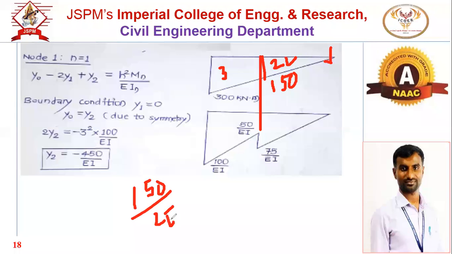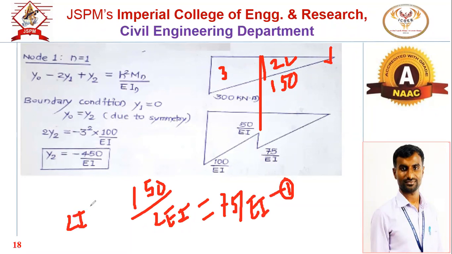Twice of EI. That will be 150 divided by twice of EI, which is 75 by EI. This is the first bending moment due to the twice of I cross section. Second, consider the cross section as thrice of I or 3 EI. Bending moment will be the same. Bending moment will be the same, only the cross section changes.